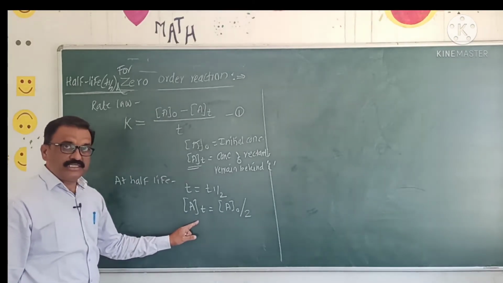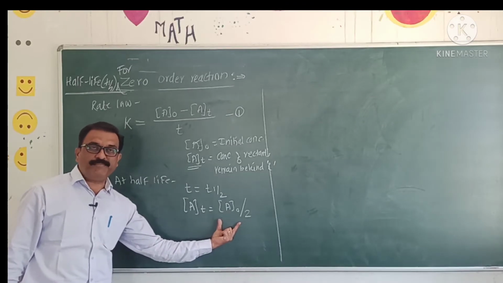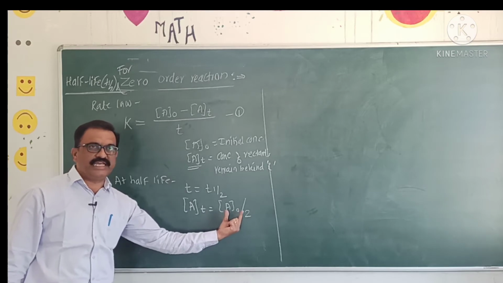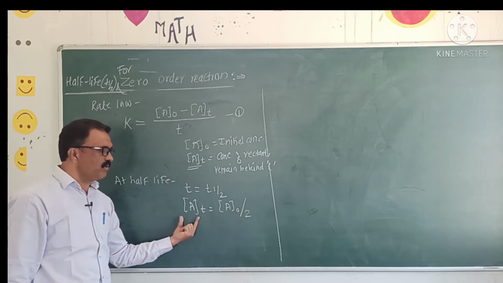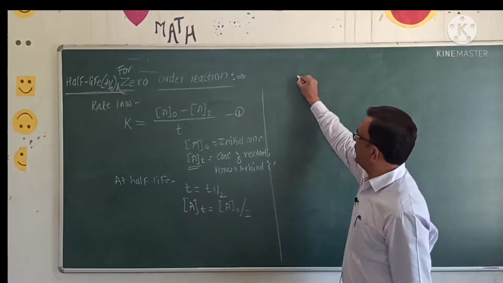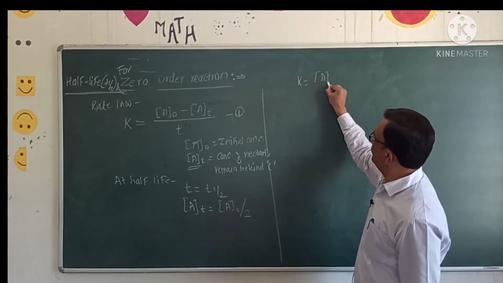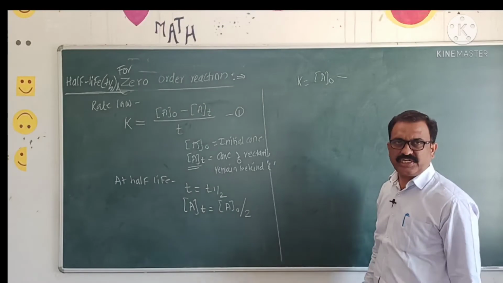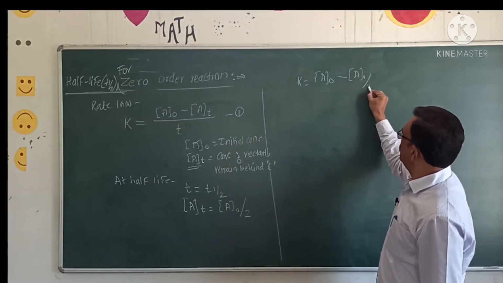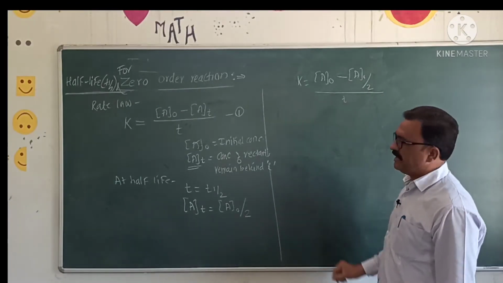Half life means the time required to consume one half of the initial concentration of reactant, and hence A0 upon 2 is equal to At. Hence equation number 1 becomes rate constant K equal to A0, the initial concentration, minus A0 divided by 2, upon t.